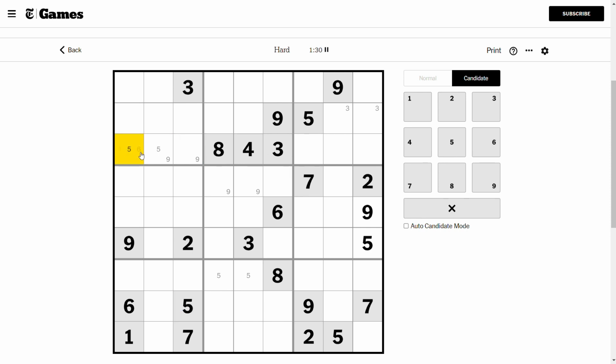Or you could have just looked at row 3, and these two are the only open cells for 5. Oh, this can't be. Alright. Guess I see the 2s. They point up. These 2s as well.